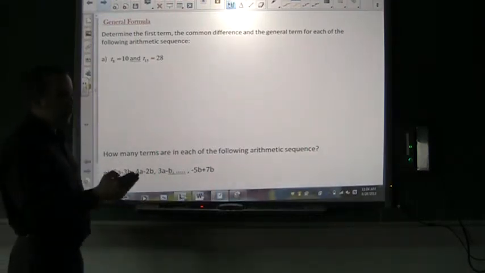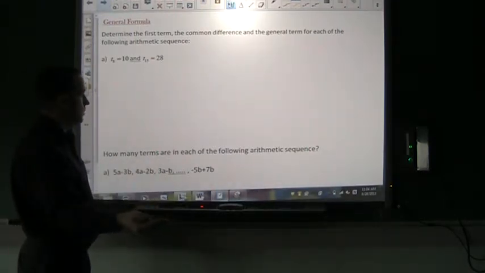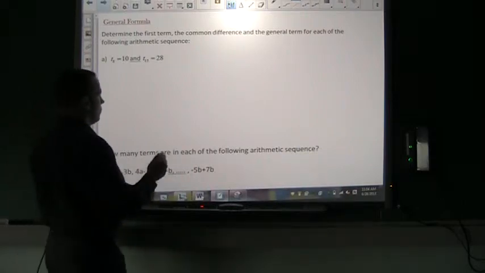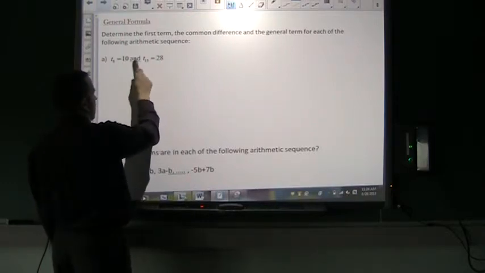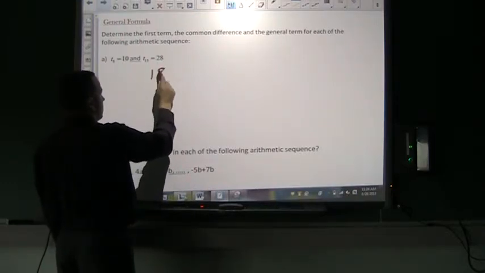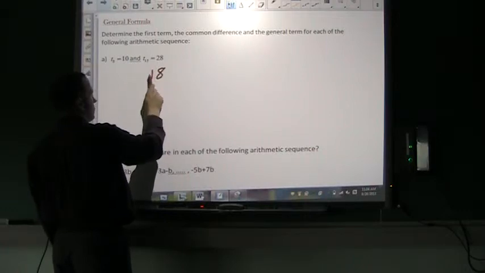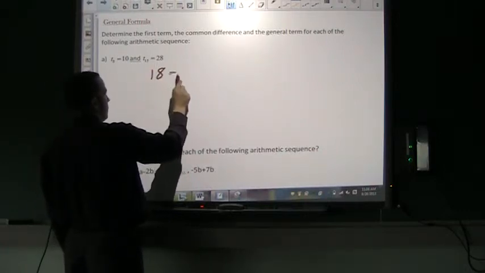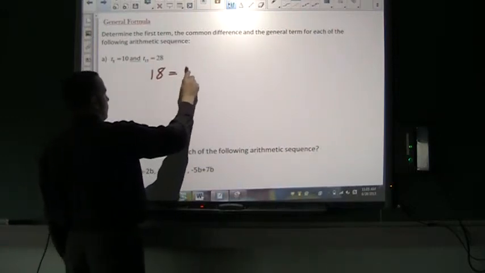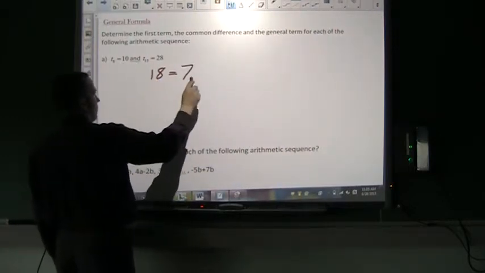So I've added a common difference 7 times to get from 10 to 28. That means the difference between my terms is 18. And to get that amount of difference, to add a total of 18, I've added the common difference 7 times.